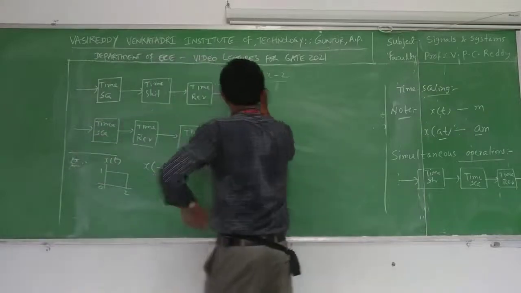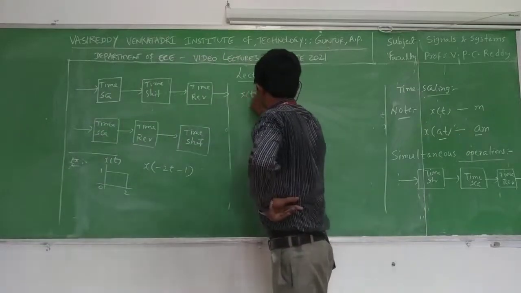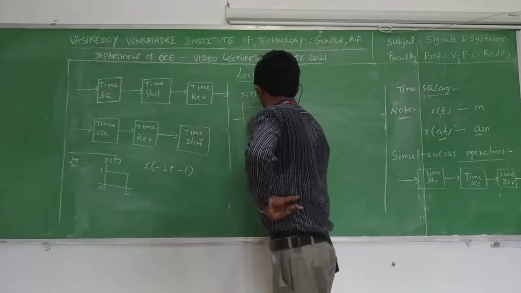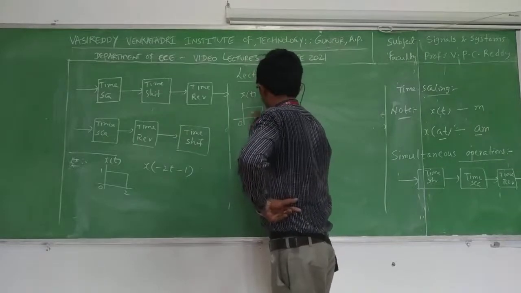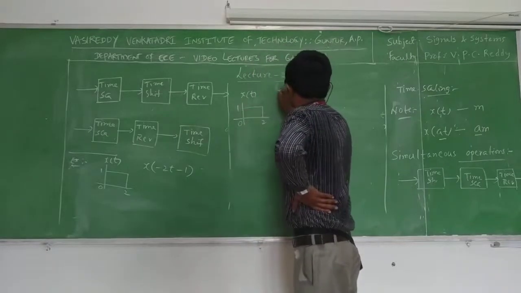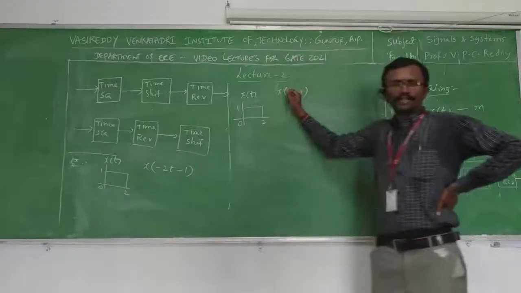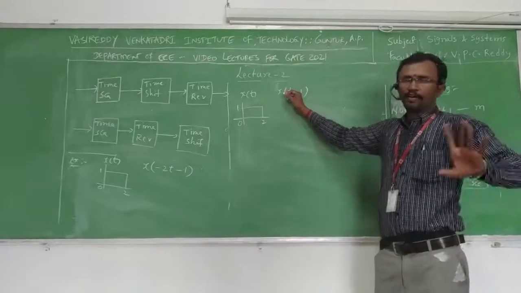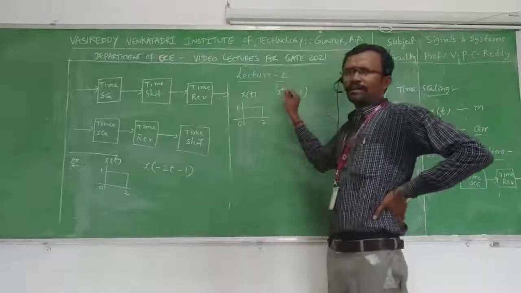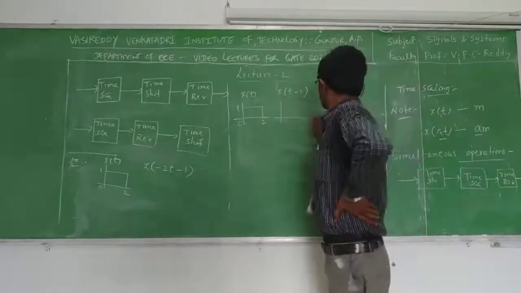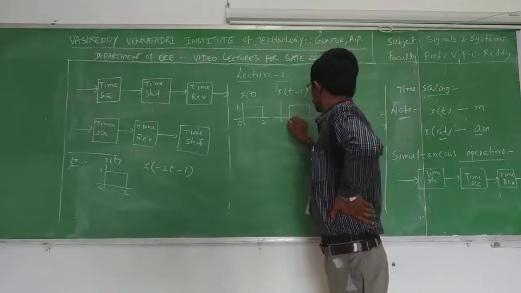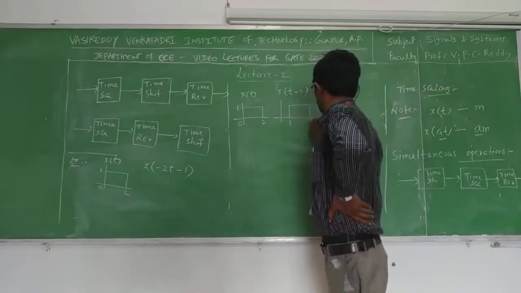First, shifting. This is the given signal, from 0 to 2, with magnitude 1. Shifting is t minus 1. So t minus 1 is nothing but delay. Delay by 1 unit. Delay is nothing but right shift. So 0 plus 1 is 1, 2 plus 1 is 3.